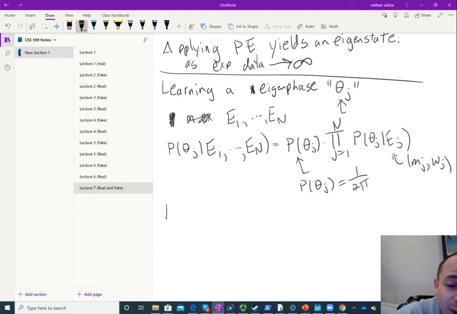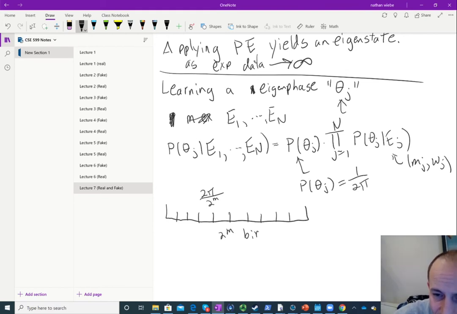But the way that we can envision doing this is, let's imagine that we break up the domain 0 to 2 pi into 2 to the little m bins. Okay, and technically I guess there's, yeah.